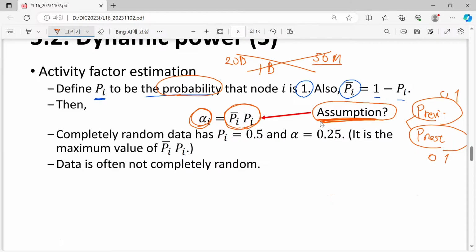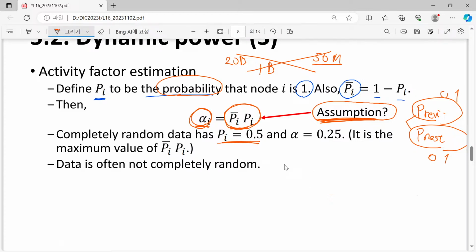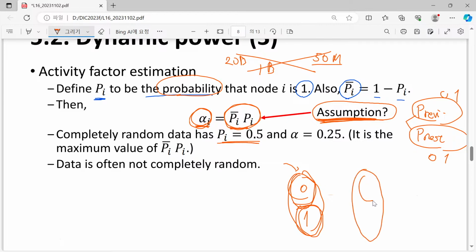Then if we understand this approximation, we can say that this activity factor can be maximized when we have probability of 0.5. Okay, so say that when you have 0.5, half of them are 0 and half of them are 1 in our chip, and now we have once again half of them 0 and half of them 1.